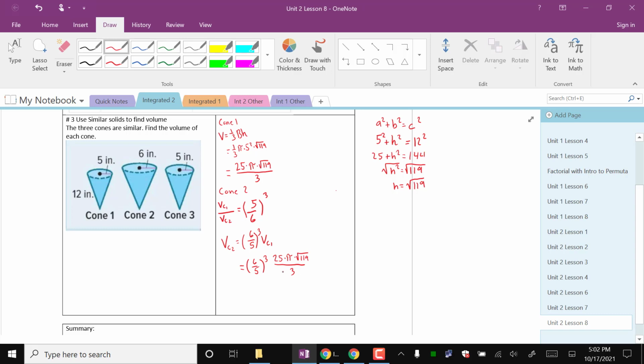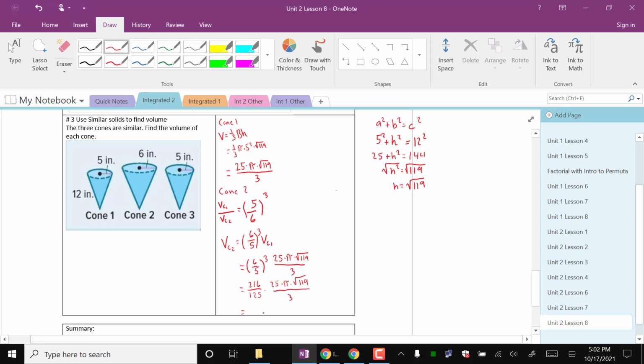So 6 cubed is 216. 5 cubed is 125. And we're going to multiply that times 25 times pi times the square root of 119 divided by 3.